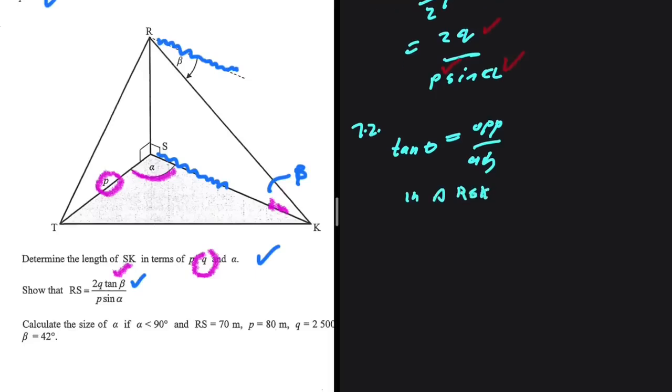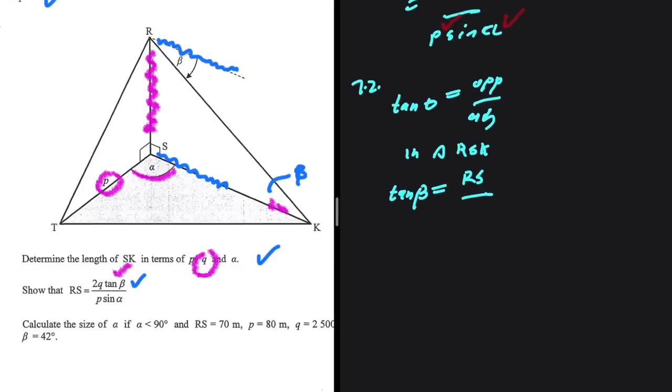So tan of beta is equal to the opposite, which is RS, divided by the adjacent, which is SK.